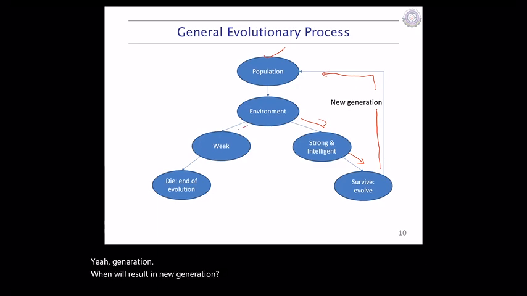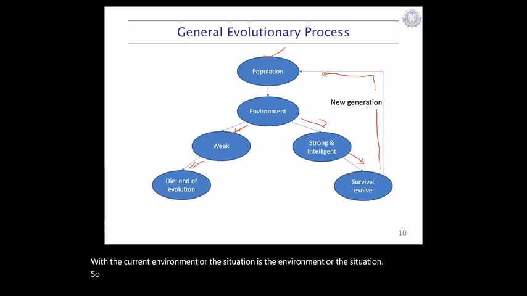If the individual is weak, then it dies, end of evolution. It means the individual cannot survive with the current environment or situation. So only the strong and intelligent individuals can survive to tackle the challenging environment. That is the situation here for the evolutionary process.